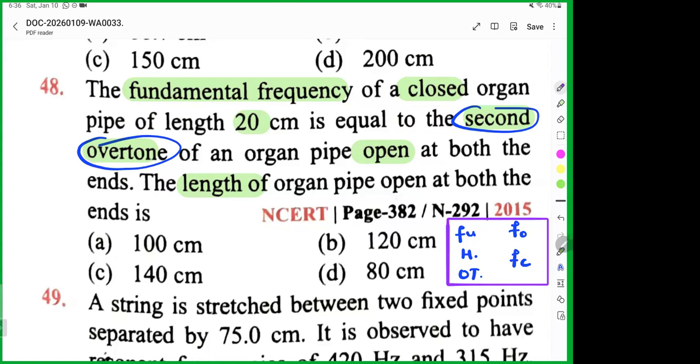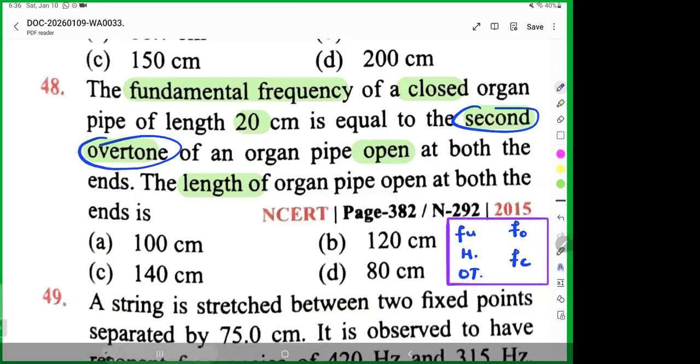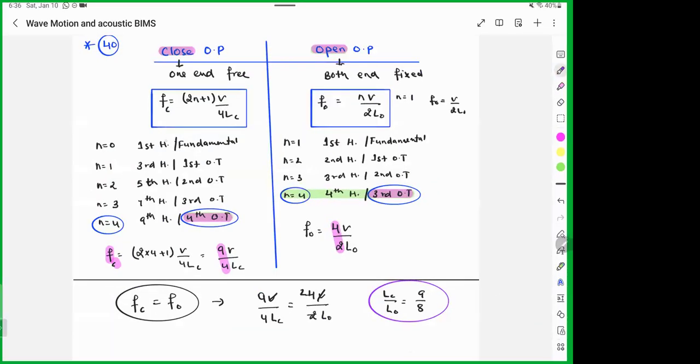Make sense? Done. And the same thing is given here. Here you have harmonic, here you have fundamental, here you have overtone, here you have n value, you have the formula of this, you have the formula. Done. That's all for this topic.